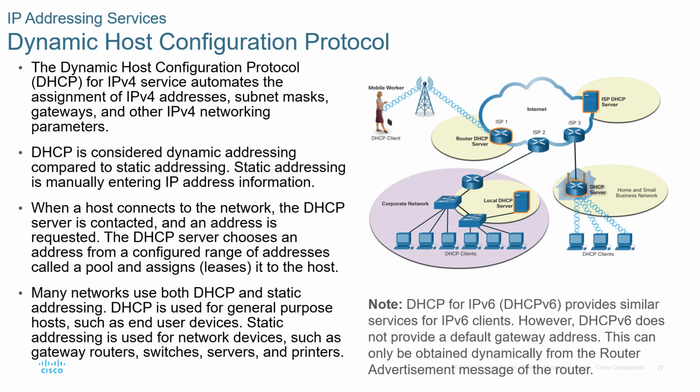DHCP leases addresses out of a pool of addresses that an administrator configures. The administrator can configure a pool of 1,000 addresses, 5 addresses, 10 addresses, whatever. The DHCP server can only lease addresses out of that configured pool.